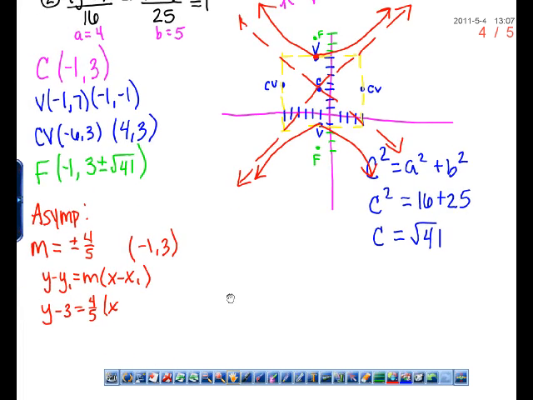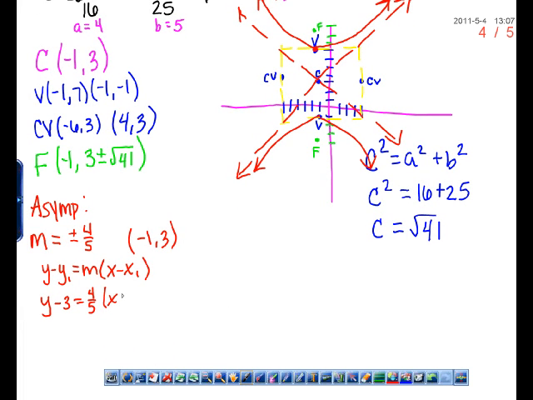Plus 1. So y minus 3 equals 4/5 x plus 4/5. What do we do next? Add 3. So y equals 4/5 x plus, what's 4/5 plus 3? What do we think like we're adding to 4/5? 15/5. So what do we get? 19/5.